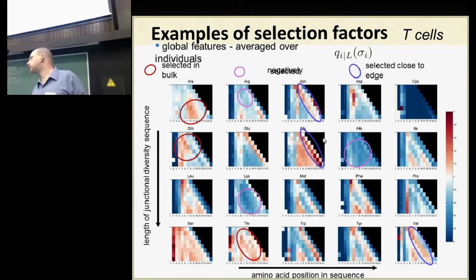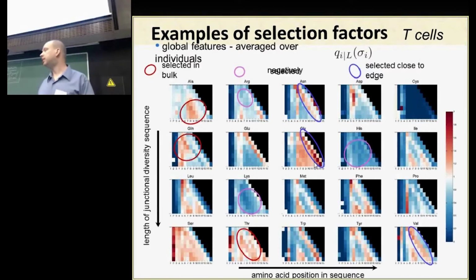So we can actually see that glycine is very much selected in the place just before the last. The last is also okay, but it's most selected at the place before the last, which basically tells us something about this position. And this is again, as I told you, a very stable pattern.